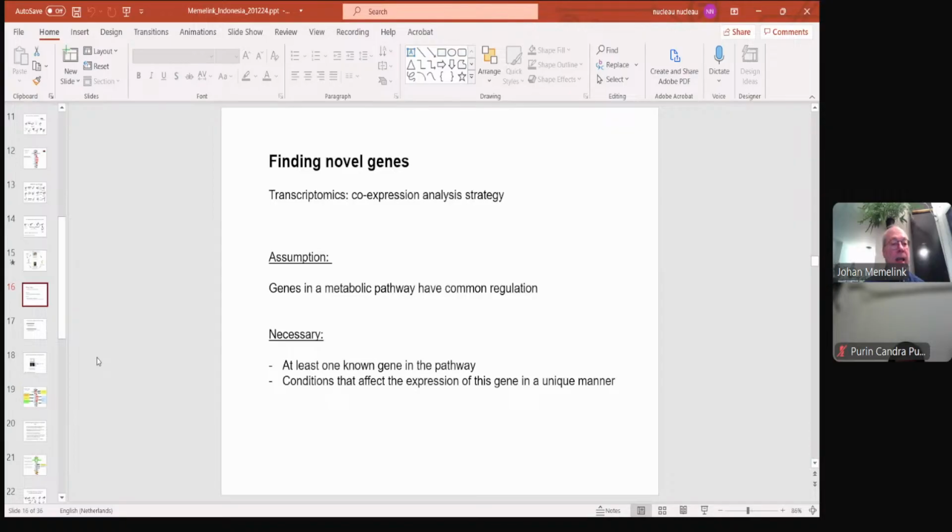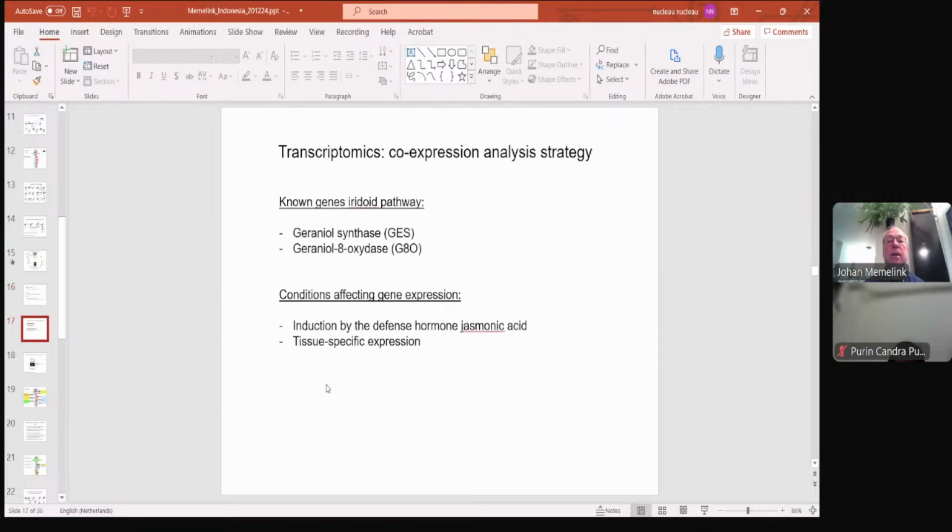Okay. So we had two known genes in the pathway. So the first two steps in the iridoid pathway, the geranyl synthase and the geranyl 8 oxidase. And we had several types of plant material to look at the expression.